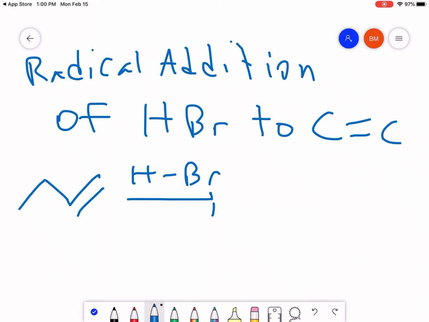You guys have done it before. We did it in the alkenes chapter, right? You know that the pi bond accepts an H+, and we follow Markovnikov's rule. This carbon has more hydrogens, so it's going to get this hydrogen as well, and it does that to make the most stable carbocation.